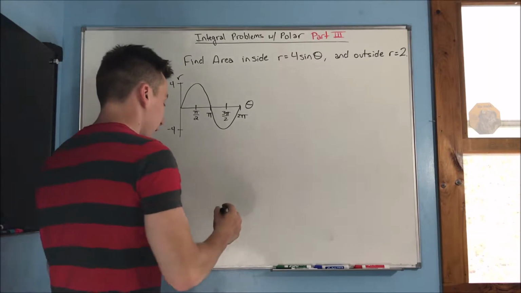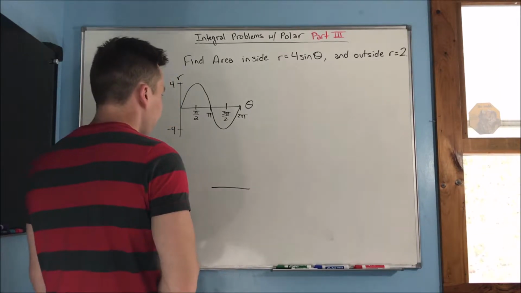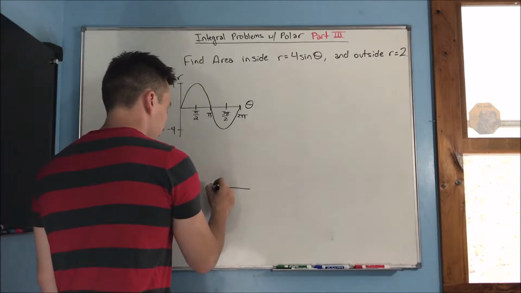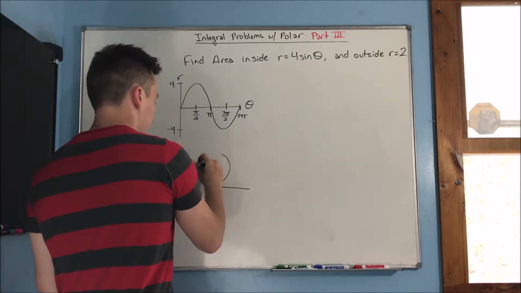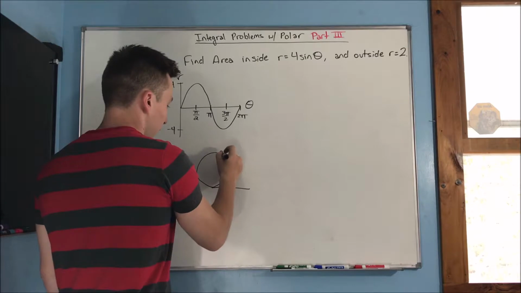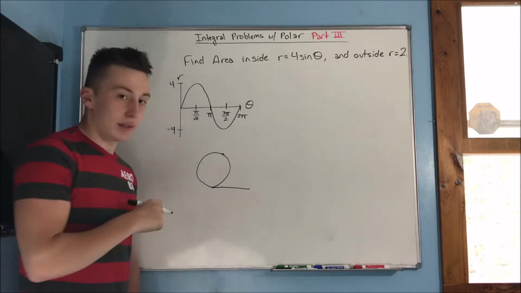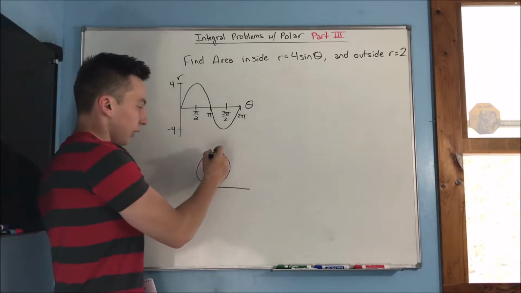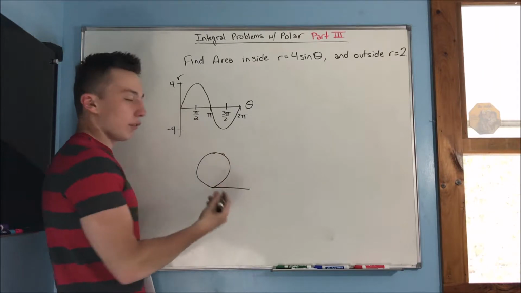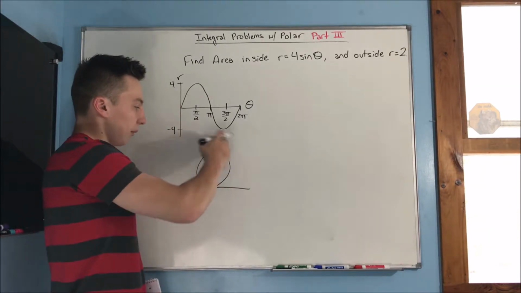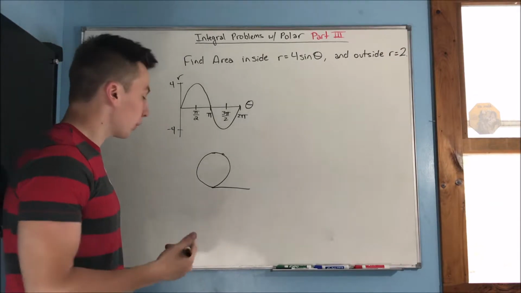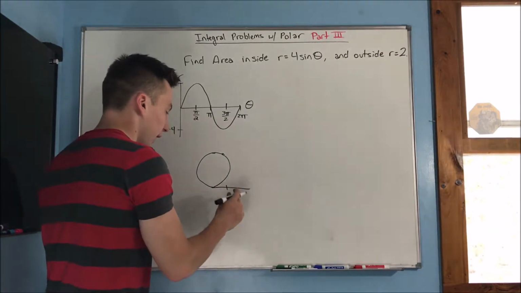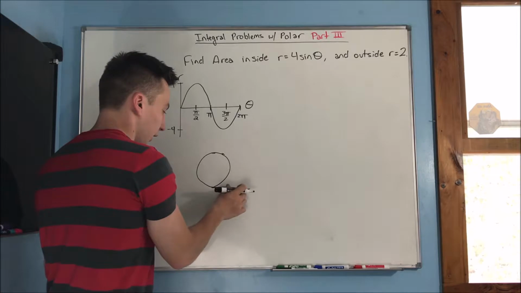Now, if we actually graph this, we have our polar axis here. This is going to look like just a circle. Let's see if I can draw this circle without being terrible. That's not the worst thing in the world, I guess. And this is going to be at a height of 4, so it's going to be a circle of radius 2, but it's going to be on top of the polar axis, as you can see. r equals 2 is just going to start right here.